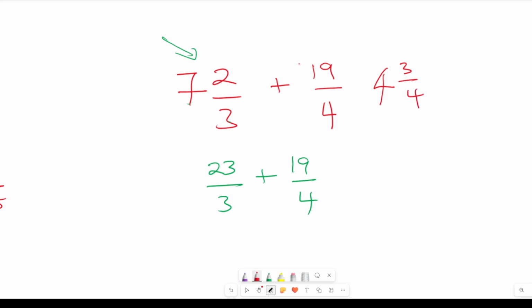So some people will change that to 4 whole number 3 over 4. Then they will go and add this and that to be 11. Then they will solve these fractions and then come and add it to it. That is also another way of doing it, but I find that to be a bit long and confusing.